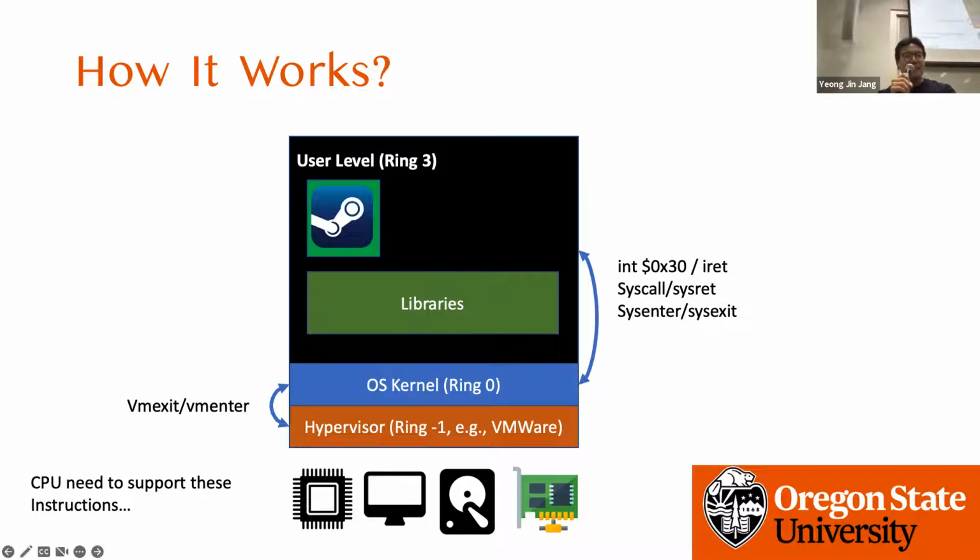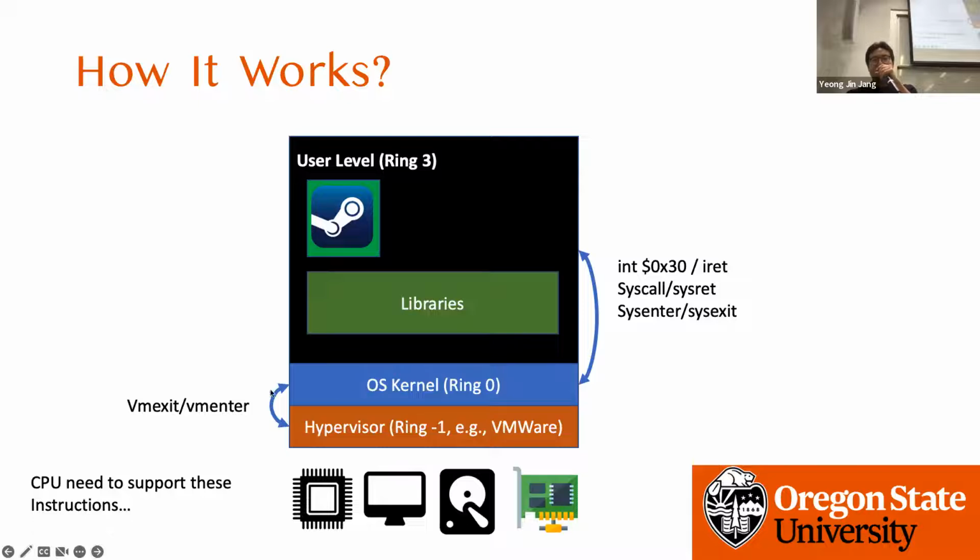In this case, the hypervisor needs to maintain its own trap frame, and in it, they need to store the information required for running the entire virtual machine. So the specific code for handling the trap is a little bit different, but at a very high level, how we switch the ring and interact is very similar to that.